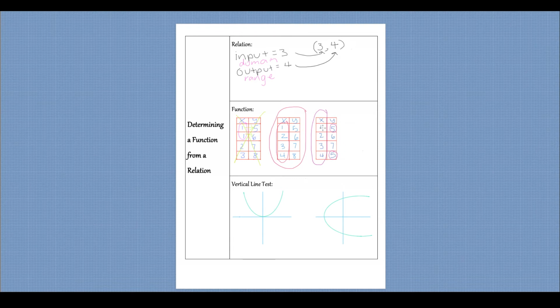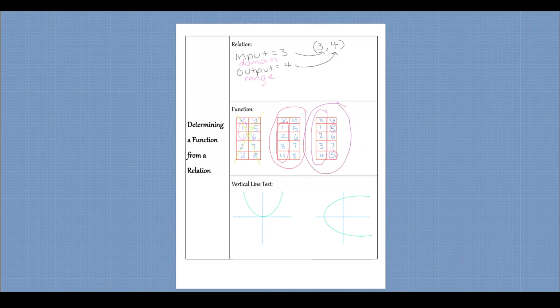This would still be considered a function because even though there are 2 different x inputs with the same y value, it doesn't matter because the x value is not the same. If our x values were the same and they had different y inputs, then it would not be a function. But since all of the x values are different, it is still a function even though 2 of these have the same y input.